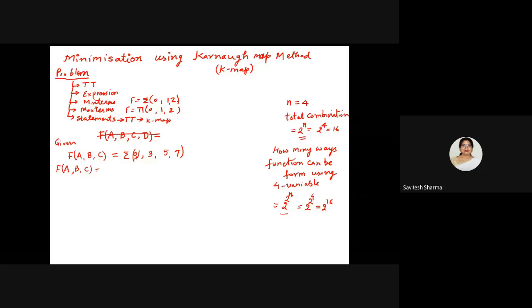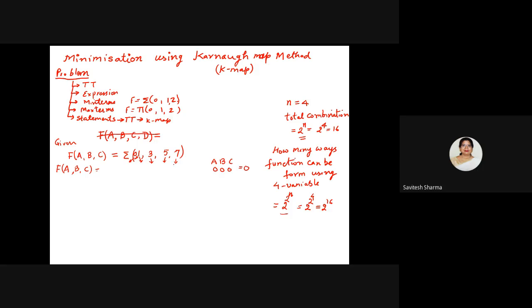See, 4 minterms means 4 terms will be there in the expression. Each minterm you will convert into a term. Let's say 0. What is 0? That means the decimal equivalent of A, B, C. What combination represents 0? 0, 0, 0.